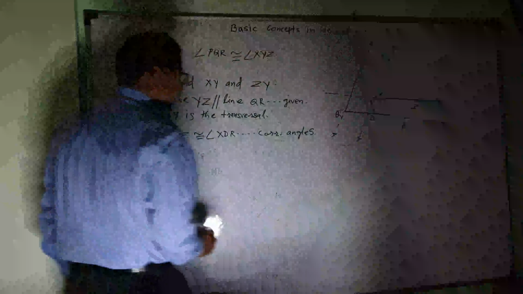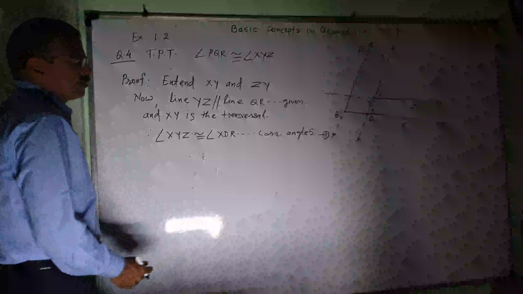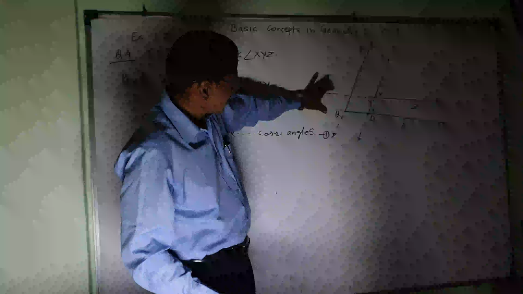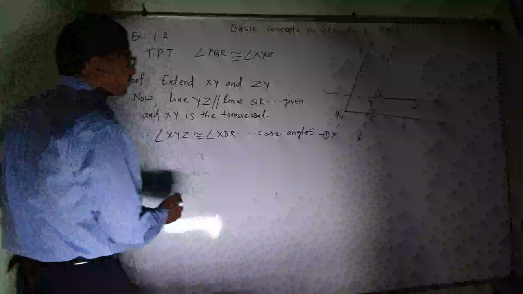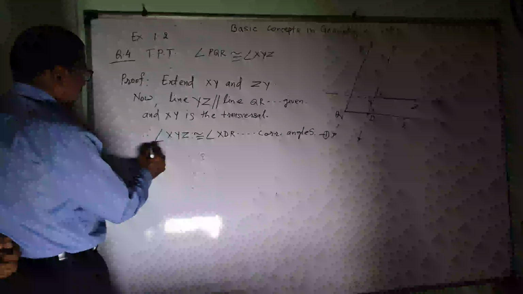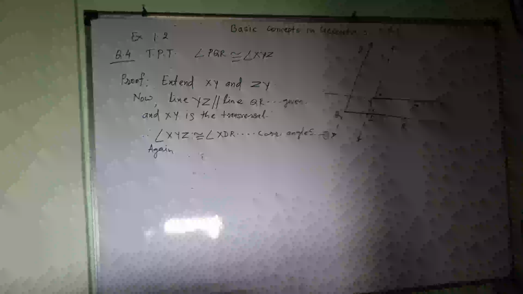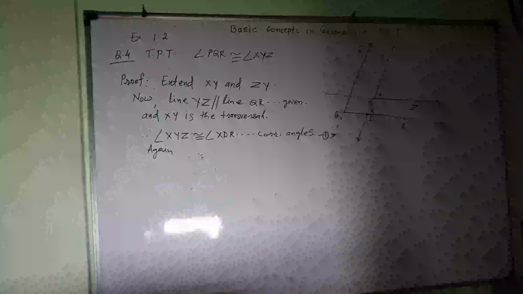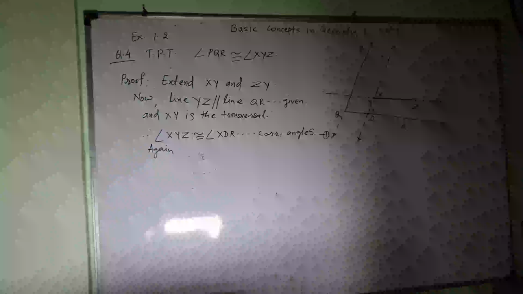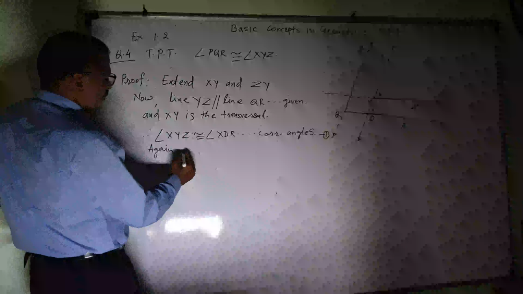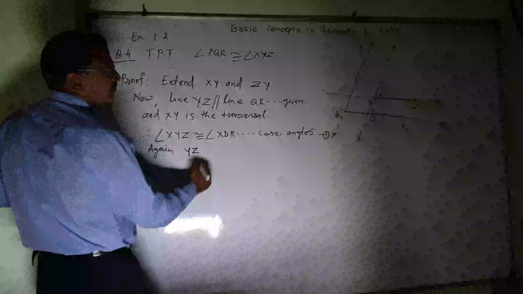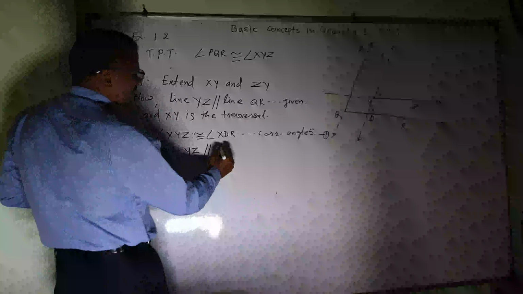Corresponding angles. This is number 1. Now, this is parallel to this. So, again, parallel line QR.